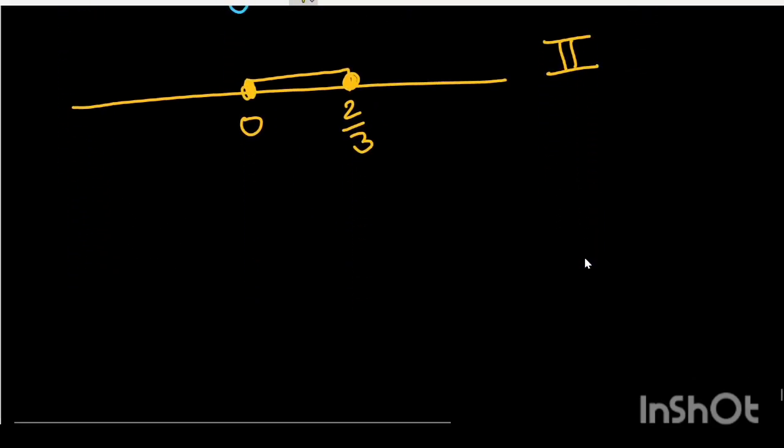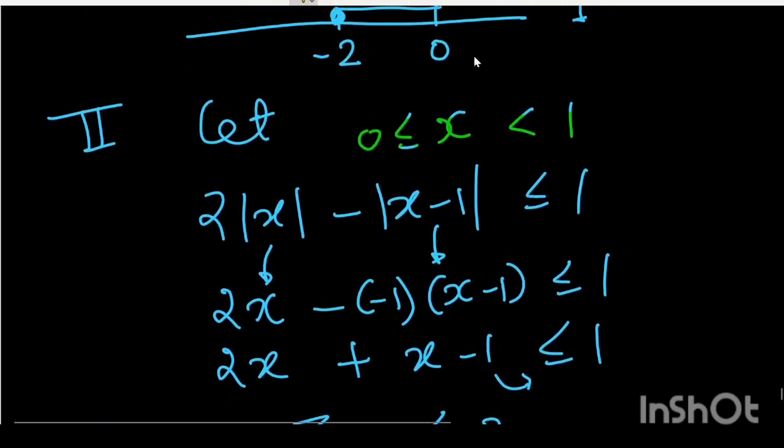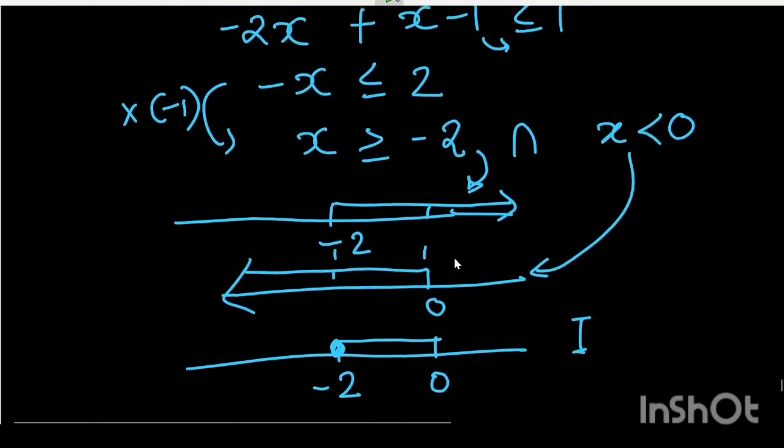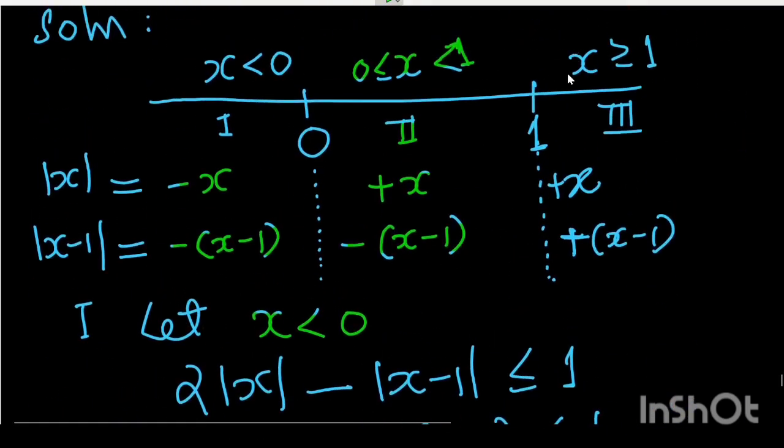Now finally heading towards the third case, when x is what, guys? When x is greater than equal to 1, in this third case mod x is plus x, mod x minus 1 is again plus x minus 1.